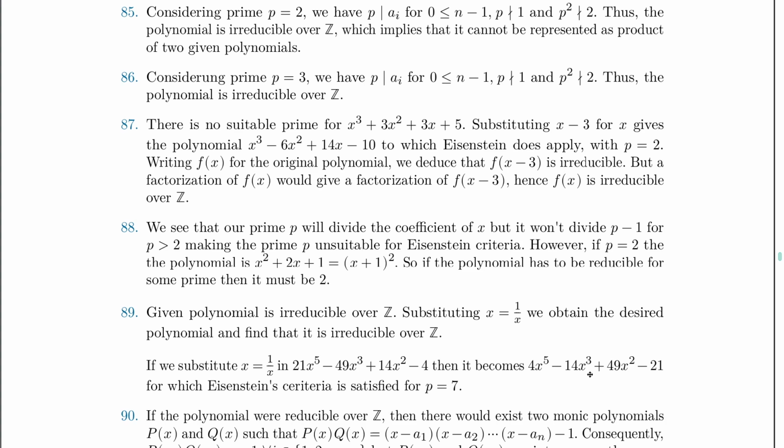If you see this, the first three terms are all divisible by 7, which is a prime, and the last term 21 is not divisible by 7 square. So the polynomial is irreducible over Z.